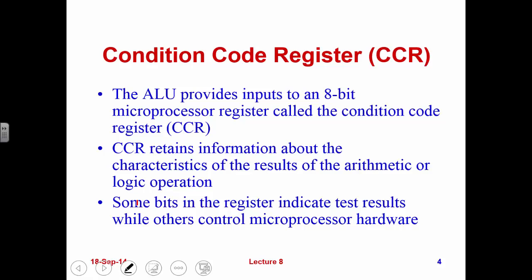The previous operation result, or some information about it, is saved in the CCR, the condition code register.